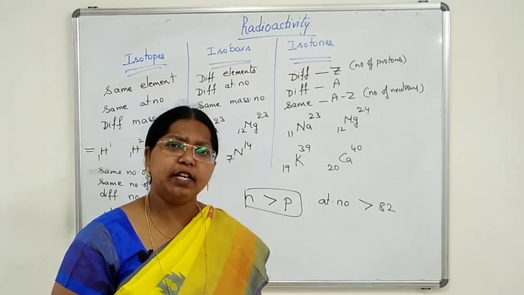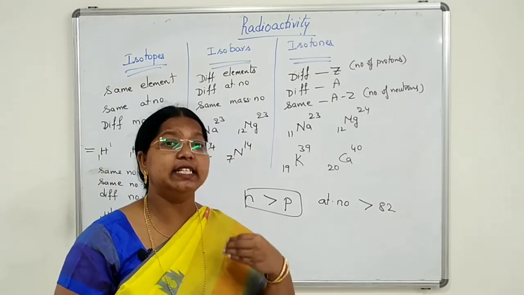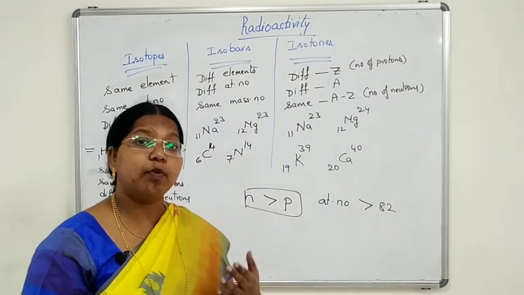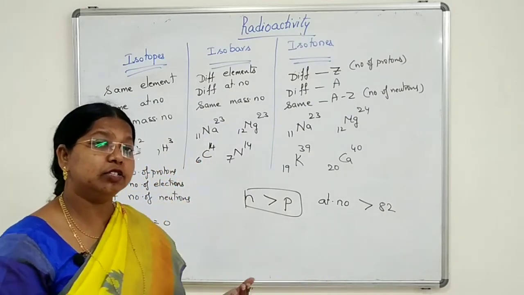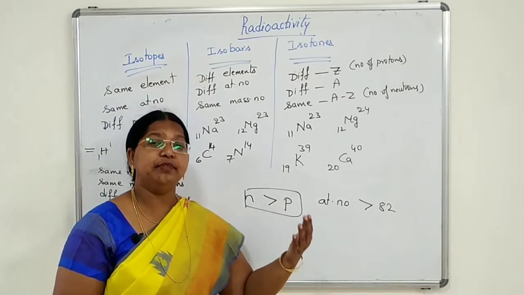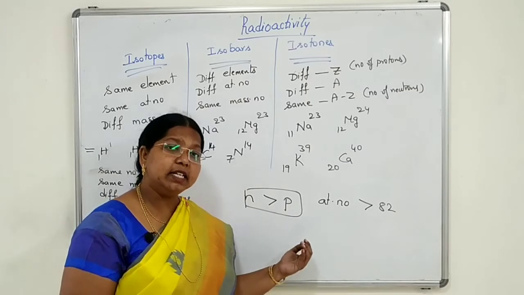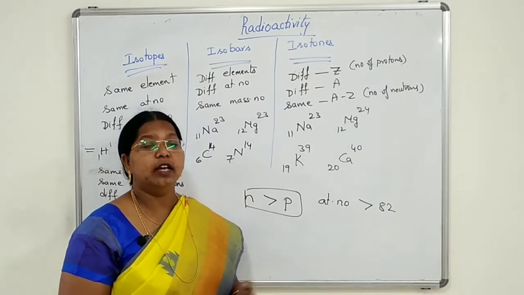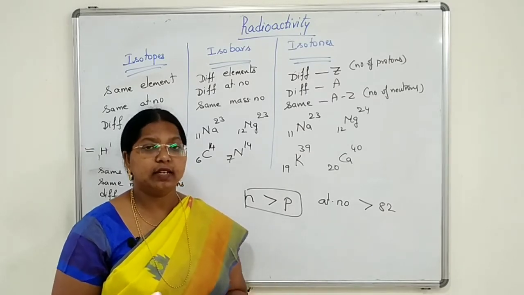What is this radioactivity? They spontaneously release some radiations out of them. Those radiations are called radioactive radiations, the element is called a radioactive substance, and this phenomenon is called radioactivity. Is it clear?